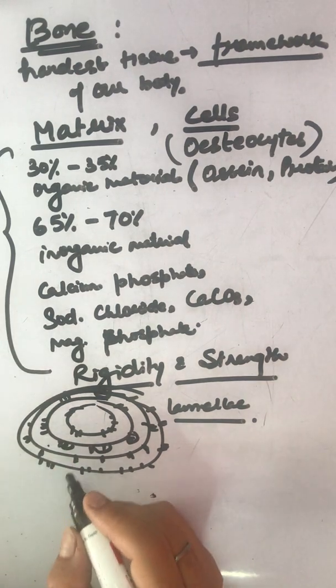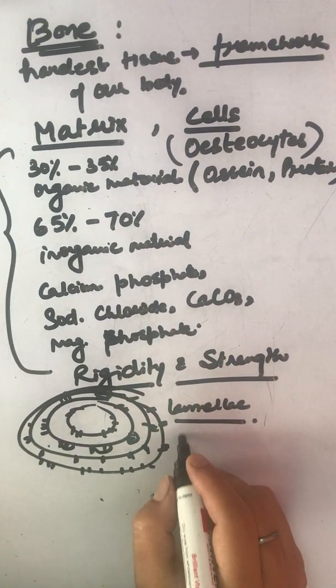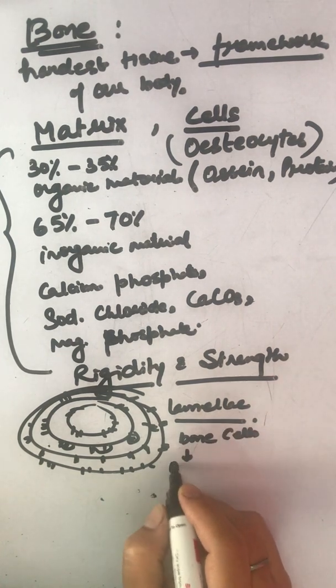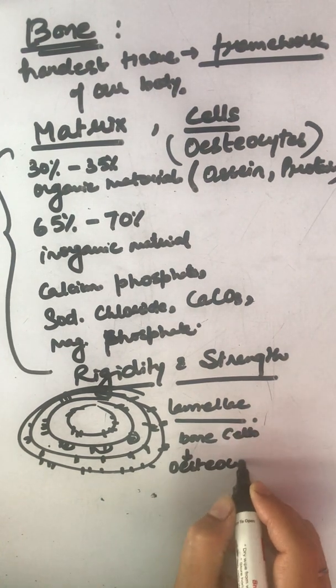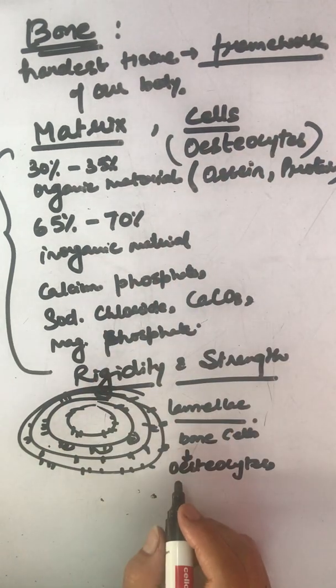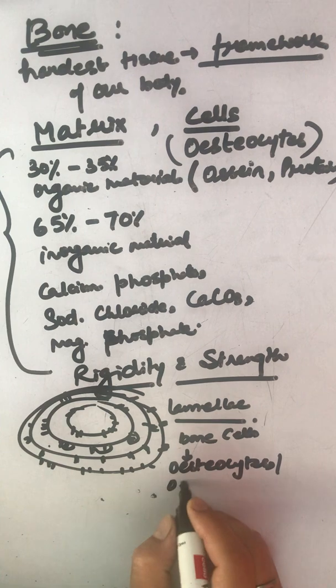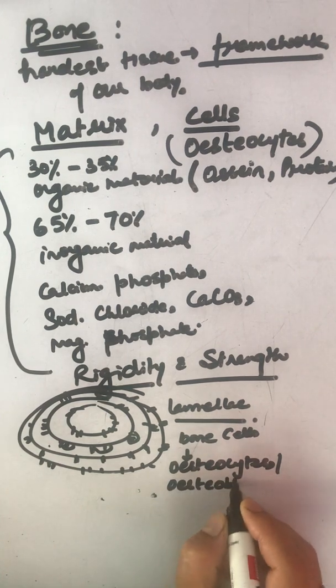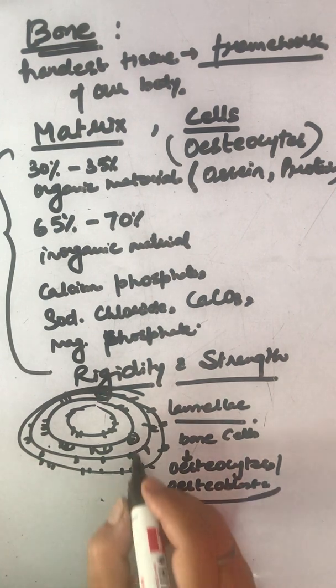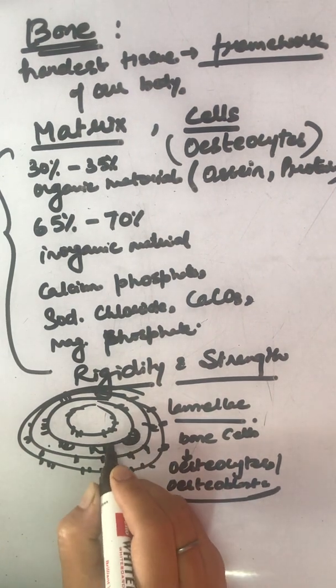Fine. The bone cells are mainly osteocytes that we have written above. Osteocytes and osteoblasts, we can call them either. And these lie in the spaces known as lacunae.